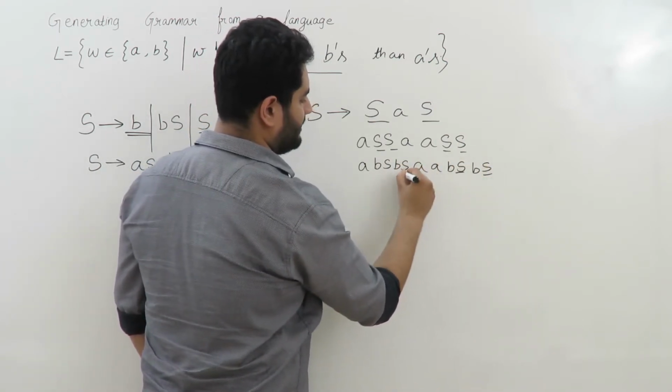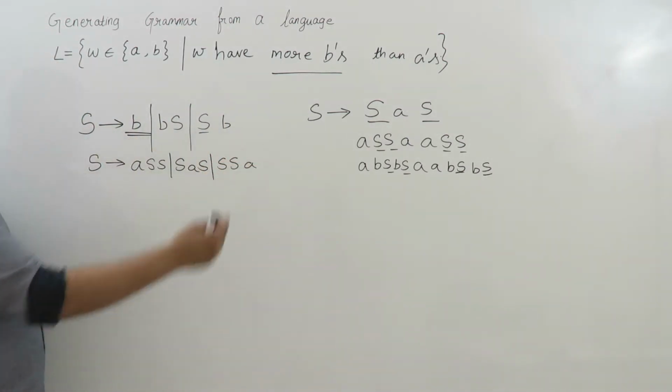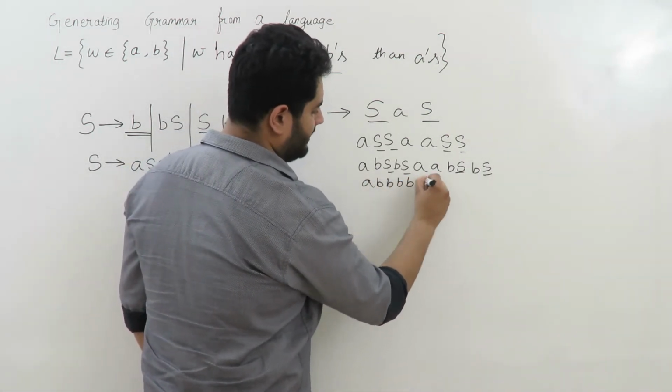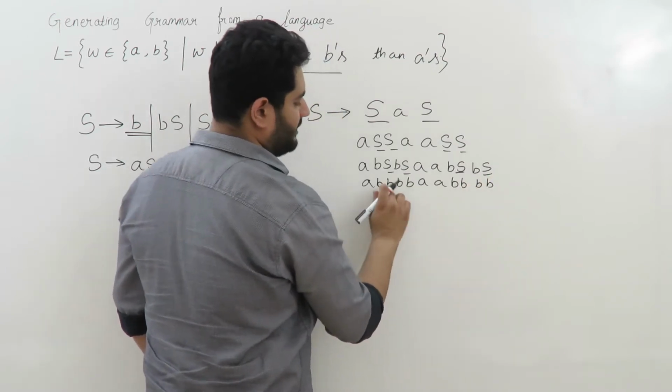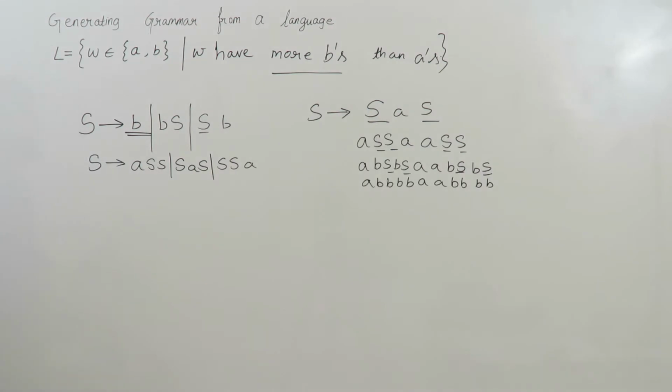Now the remaining S can be substituted using this B only to terminate the string: A, B, B, B, B, A, B, B, B, B. 1, 2, 3, 4, 5, 6, 7, 8. There are 8 B's and 3 A's. So there are more B's than A's. I hope this example is also clear to you.